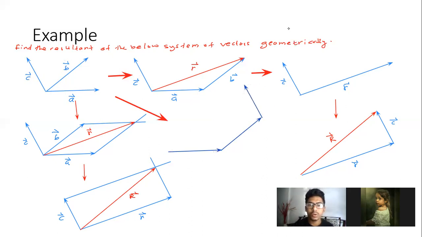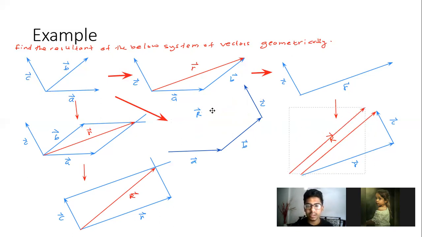And then what I'm going to do is draw a line joining from here to here. So first let's mark this. This is vector A, this is vector B, this is vector C. So I say this is the result. If this is the result, then this and this should coincide, right?